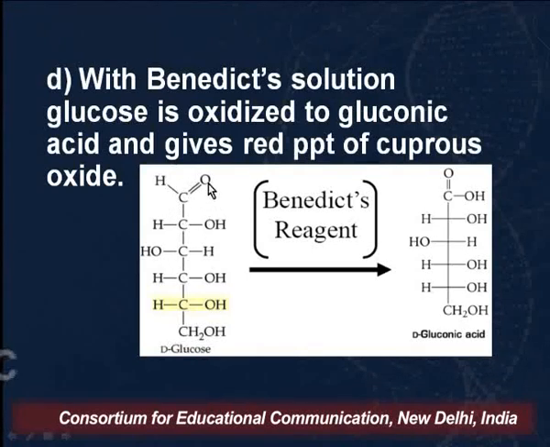When they carried out the reaction with Benedict's reagent, which is sodium potassium tartrate and copper sulfate, they got a red precipitate of cuprous oxide, and the CHO was oxidized to a COOH group. This reaction is again given by a carbonyl group; glucose as well as fructose will give this reaction.